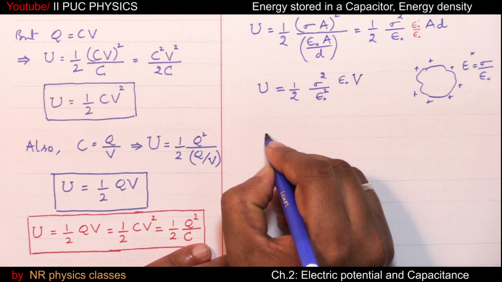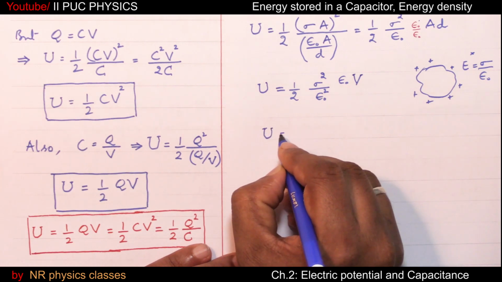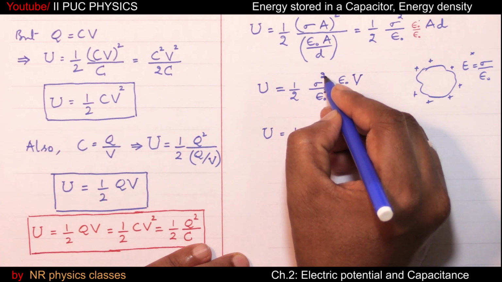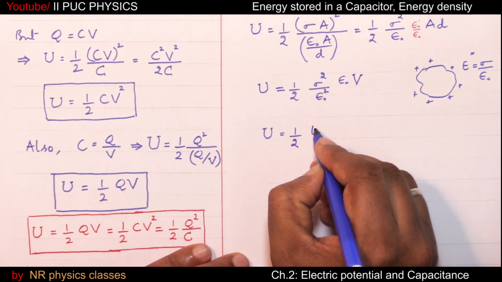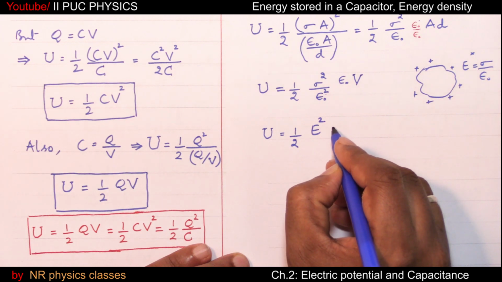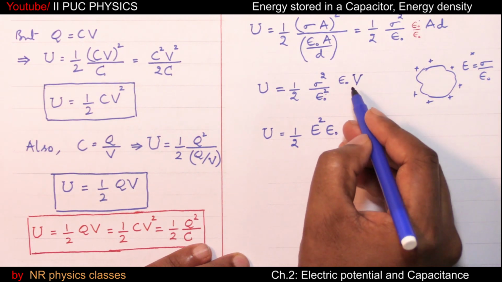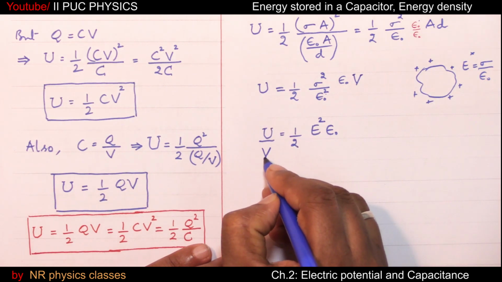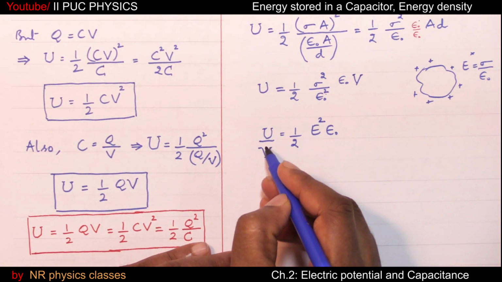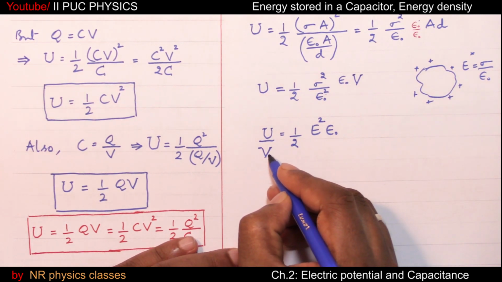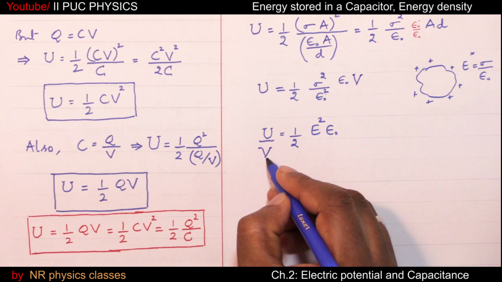Therefore, potential energy equals half, sigma square by epsilon naught square is E square, epsilon naught. Let me take this volume to the other side and divide by V. So what is left on the left-hand side? Potential energy by volume. We can call it energy density.